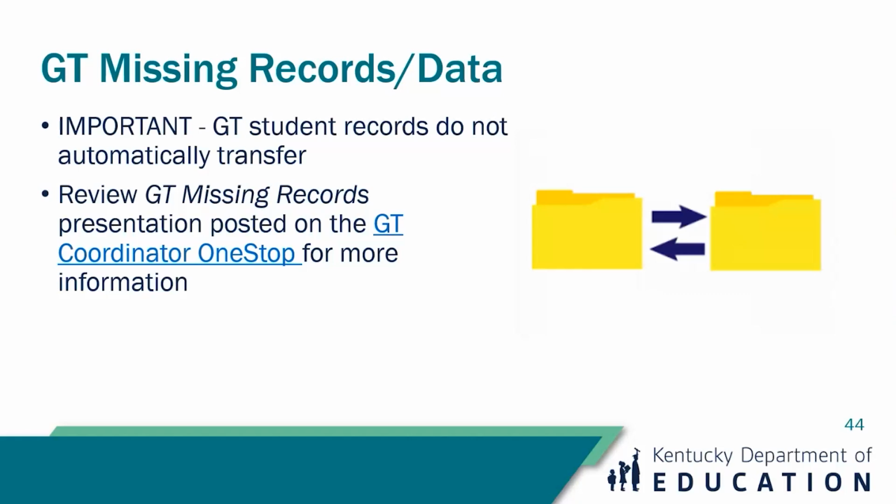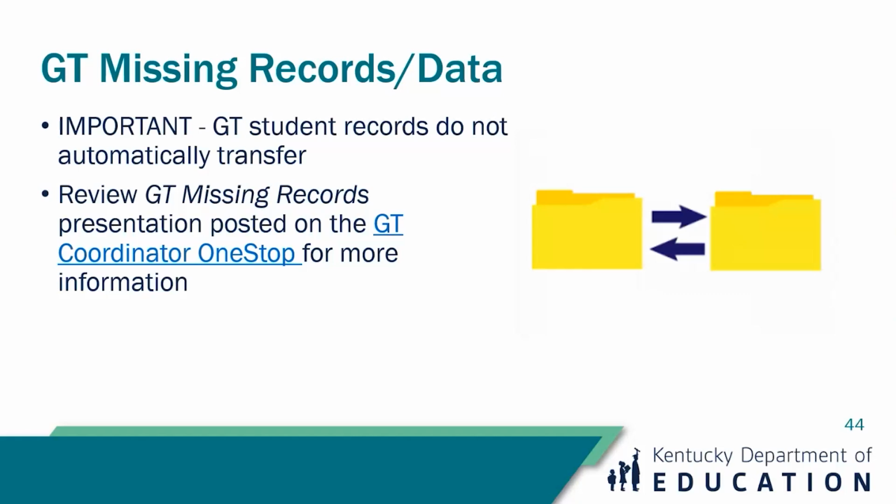There is a missing student records presentation on the GT One Stop. That should be very helpful as you think about rectifying your missing records. Often it's because people don't know that you need to click on the Kentucky State Import Wizard.